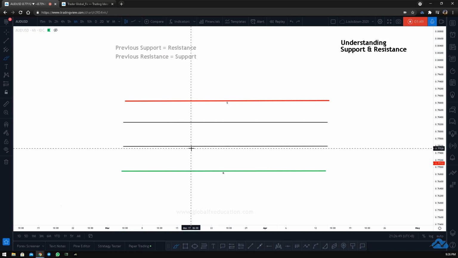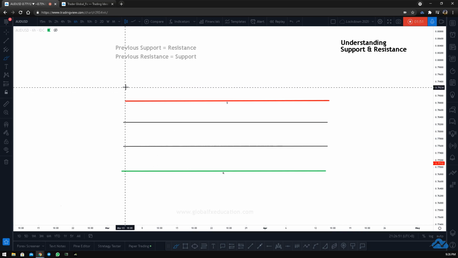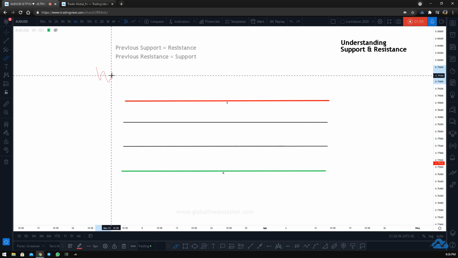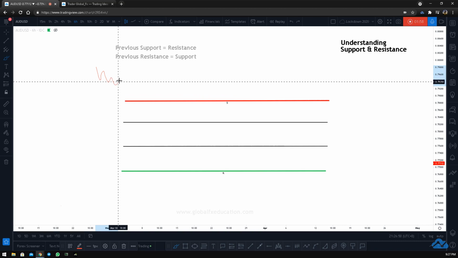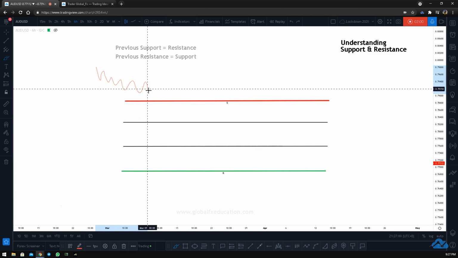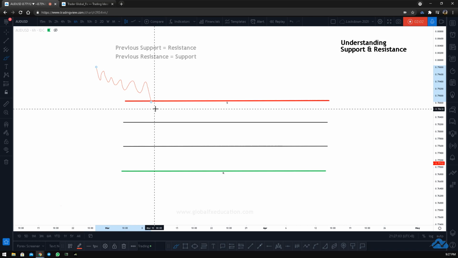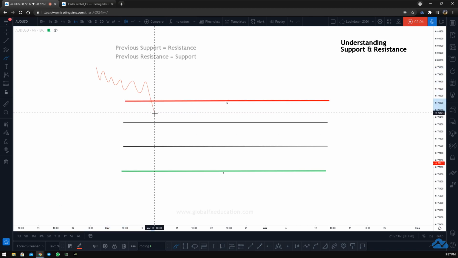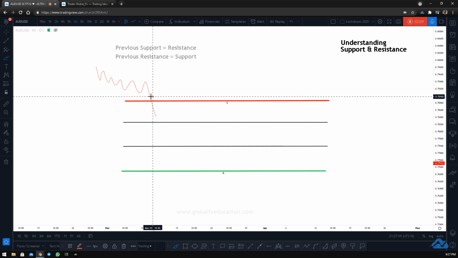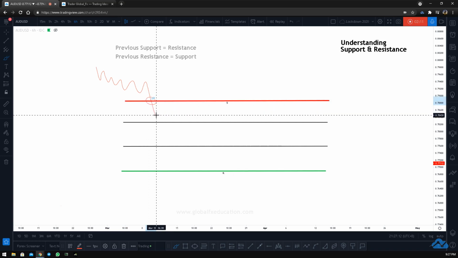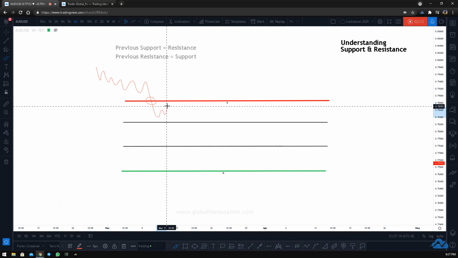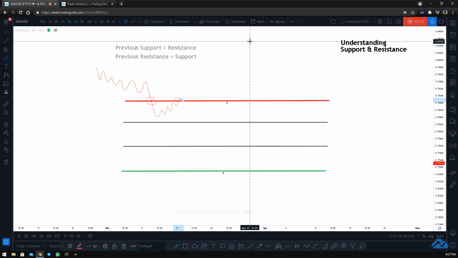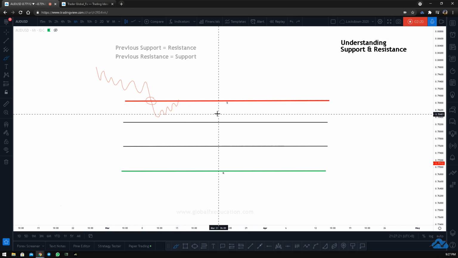What I'm trying to say to you guys is, if the market is coming from the top side, from up to the downside, and the market reaches a support zone and breaks this support zone, if it breaks a strong area of support, that area of support will then become resistance, because the market will have to come up again to this area to retest that previous support, now turned resistance.